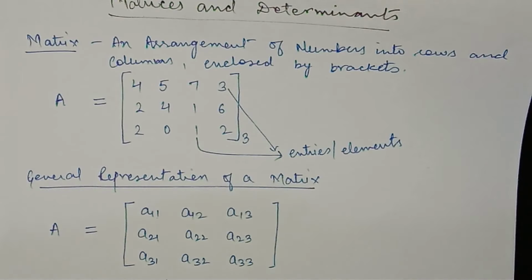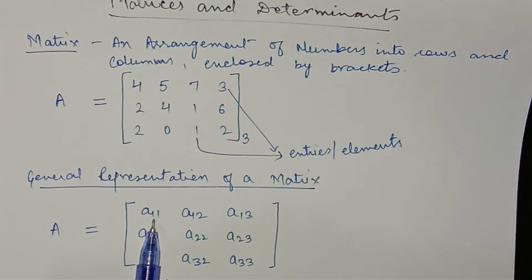Now talking about the general representation of a matrix, this is how we generally represent a matrix. So A11, A12, A13 जो आपको नज़र आ रहे हैं, these are the elements and the numbers written in the subscript, that is 1 in case of first element, tells us about the position of this element in the matrix.